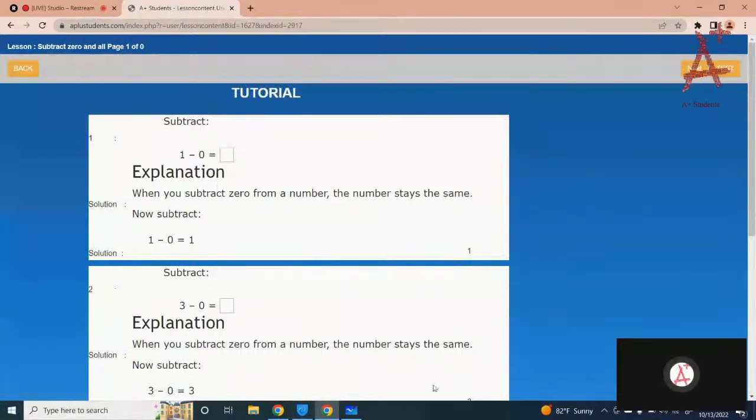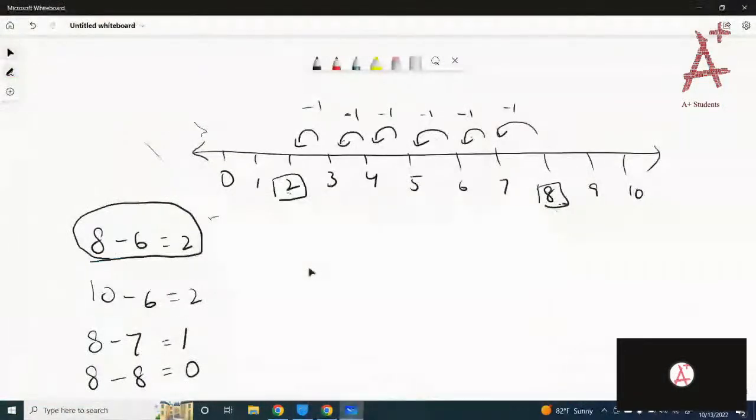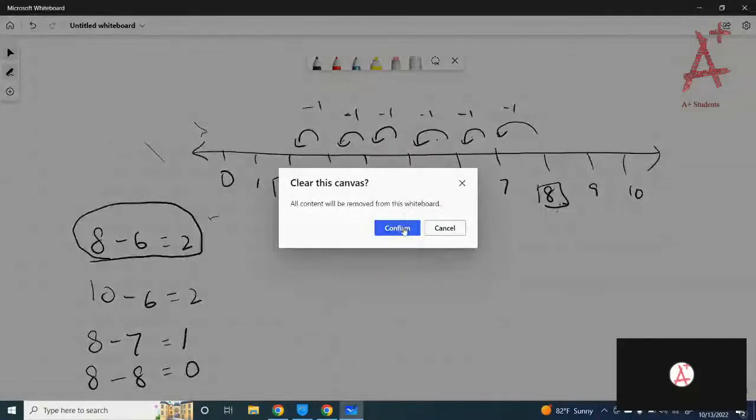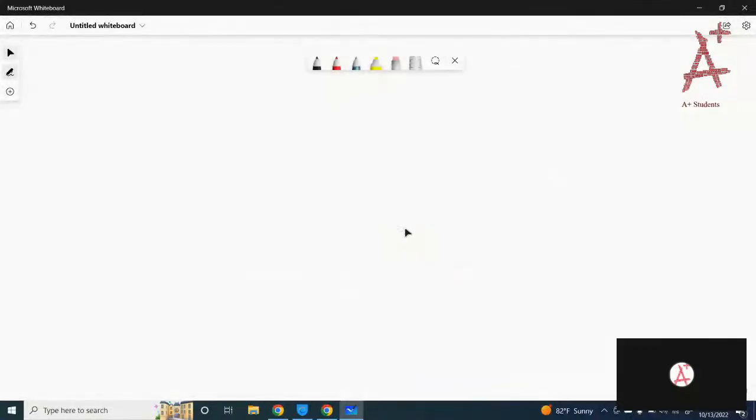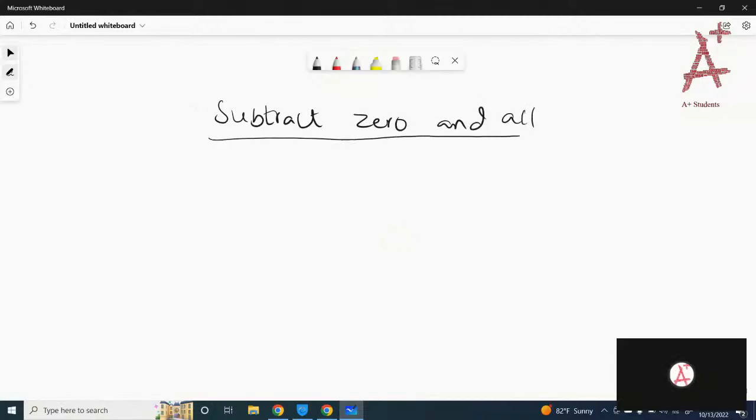Let me write down the lesson name on the board. Okay, the lesson name is subtract 0 and all. Subtracting 0 means you subtract 0 from any number.